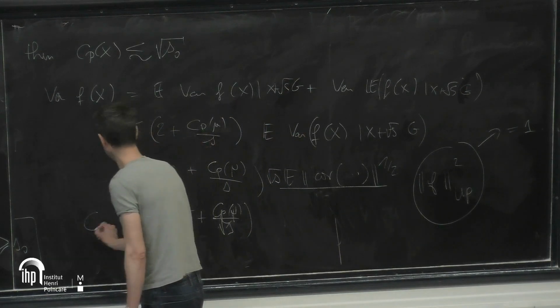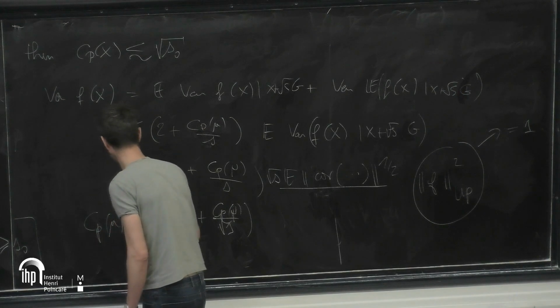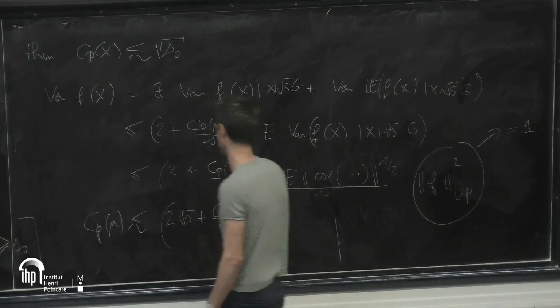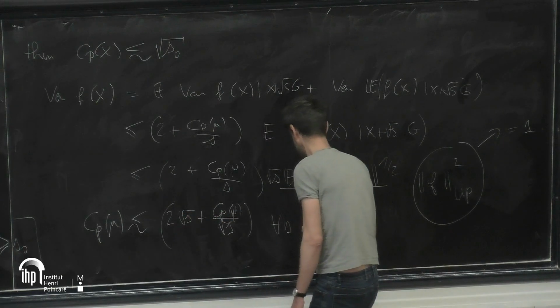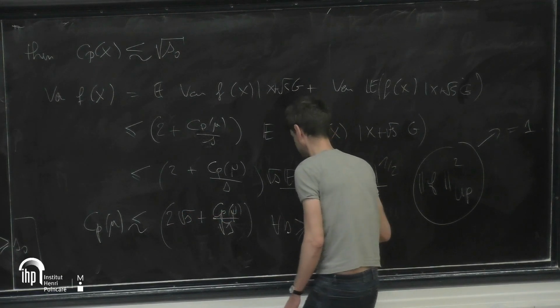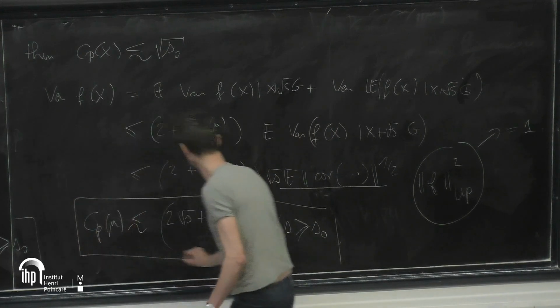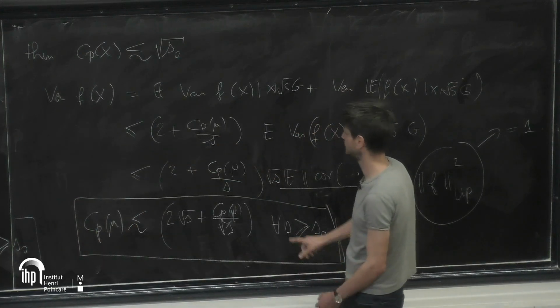And by Emmanuel Milman, you can take the worst function, so you get this for every s larger than s naught. Okay, and this clearly implies this.